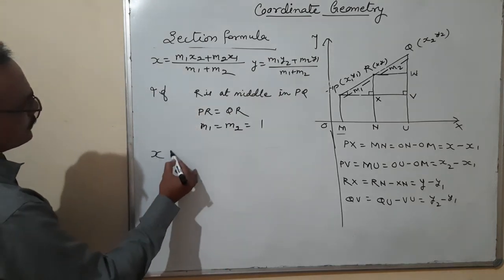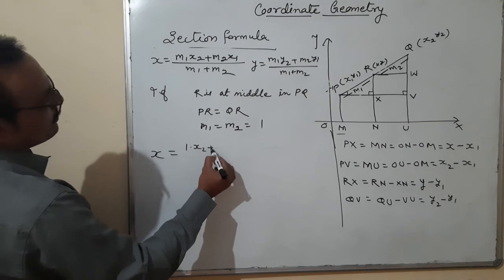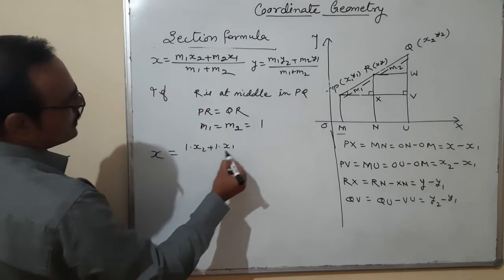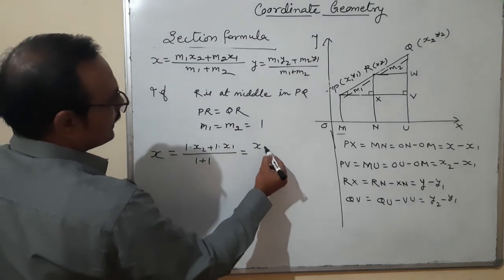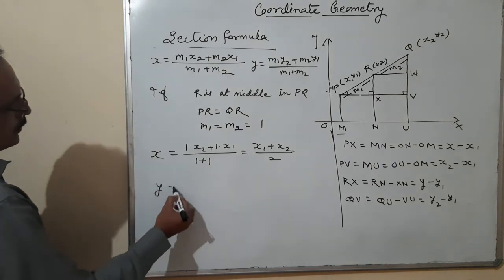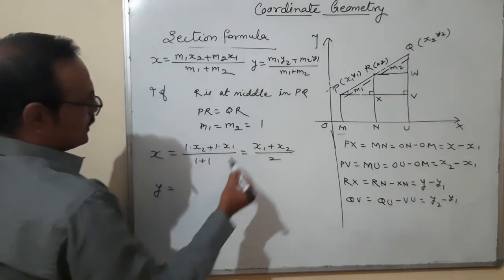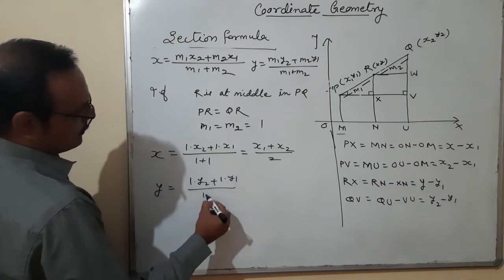x is equal to 1 into x2 plus 1 into x1 upon 1 plus 1. So it is coming x1 plus x2 upon 2, and y is equal to 1 into y2 plus 1 into y1 upon 1 plus 1.